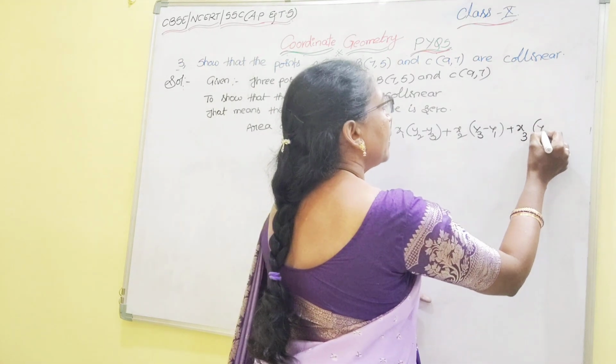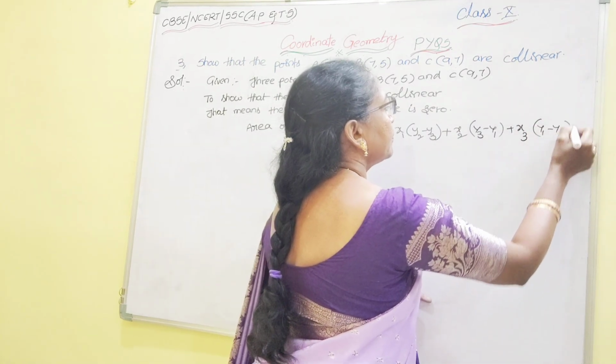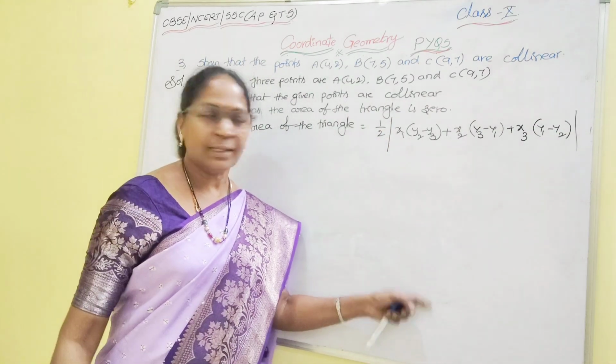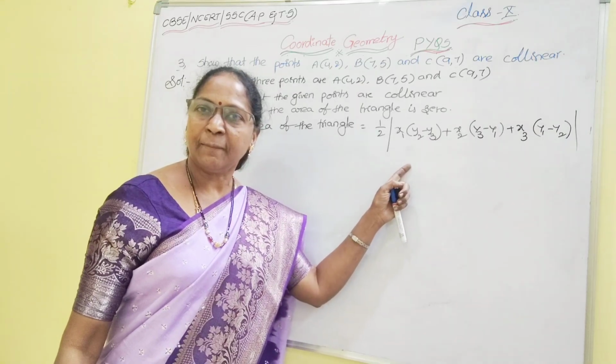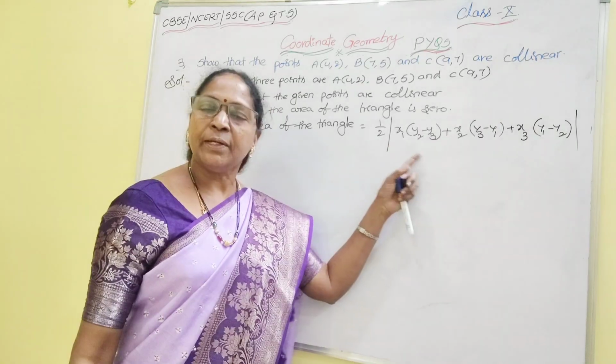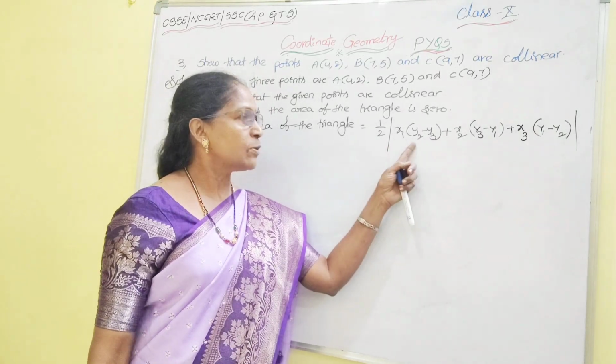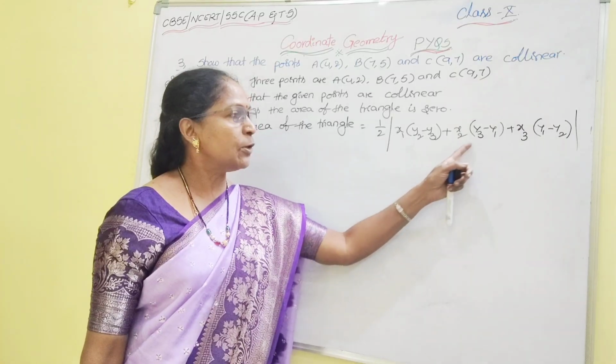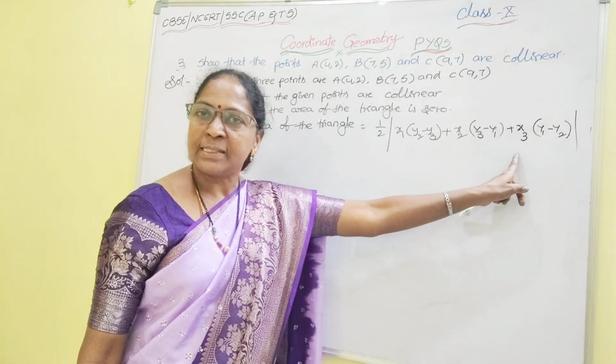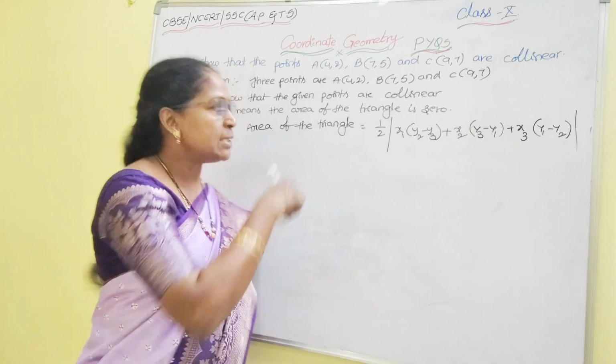So y1 minus y2. Is it clear? Can you remember easily? Right. Half modulus x1 into y2 minus y3 plus x2 into y3 minus y1 plus x3 into y1 minus y2. This is the formula.